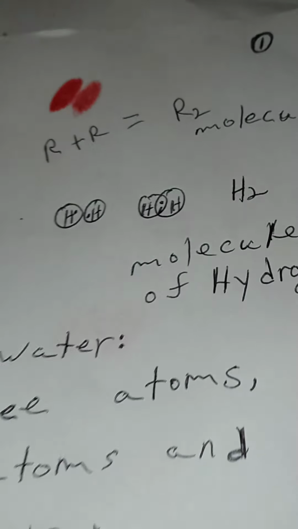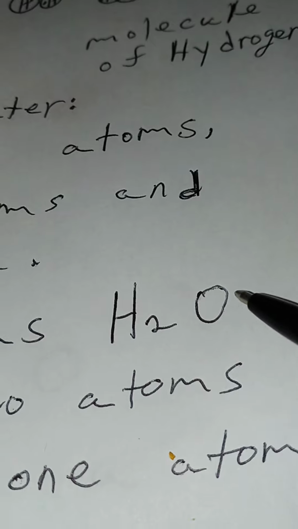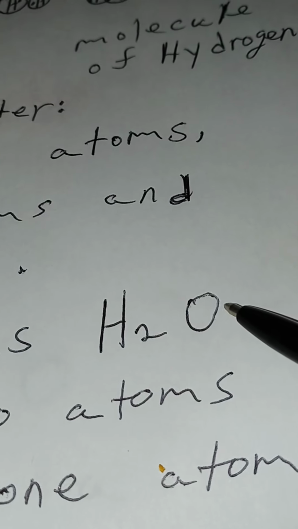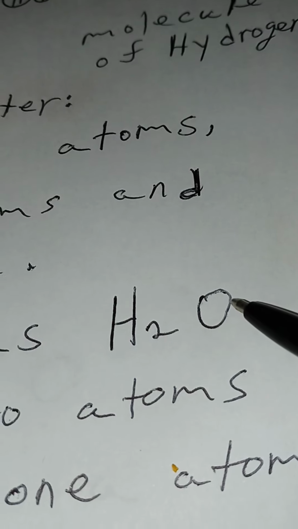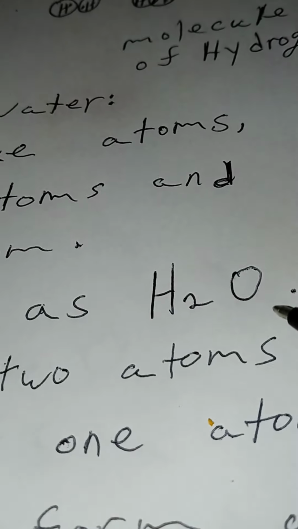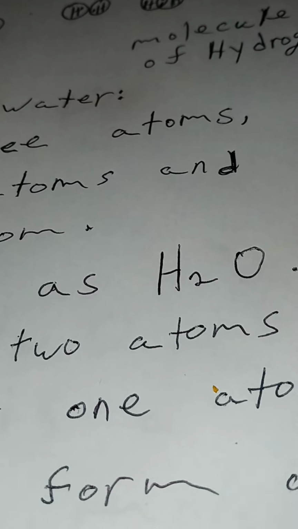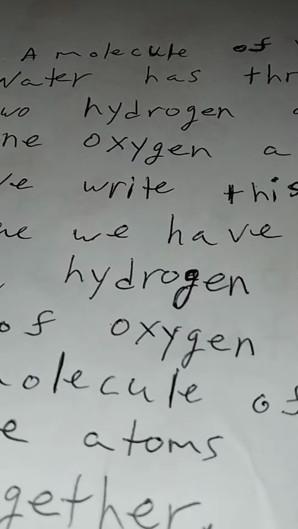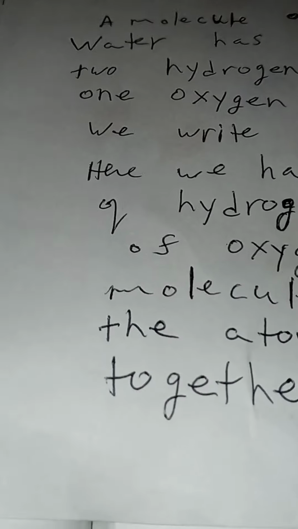Well, here again, we got the H2. See the H2 right here? That's what we have. And then you add another atom, which is O, the chemical symbol for oxygen. So you got H2O, which is now a compound, because you have hydrogen atoms and oxygen atoms. But the compound now forms what is called a water molecule. So you got a water molecule out of this.